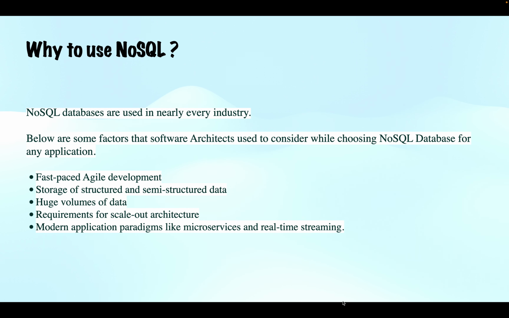As an architect, whenever we design any system, we have some common questions in mind. We have a set of requirements to implement, and behind the scenes we have some hypotheses about the basic requirements we need from a database for any application. The first thing is that it should be fast paced.